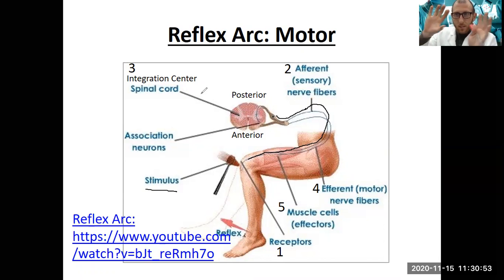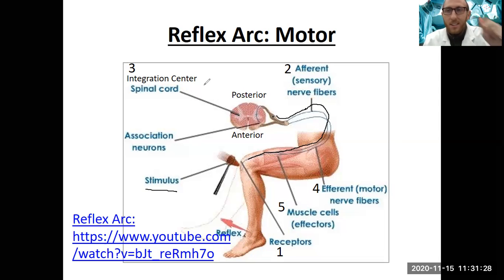So I want you to differentiate going up to the brain and being integrated in the spinal cord. Why would you want to integrate it in the spinal cord if your brain is really the thing that processes this information? Well, these reflexes are designed to protect your body. Things like touching a hot stove, hitting your finger in the car door, or in this case, being rapidly stretched, need a response fast.